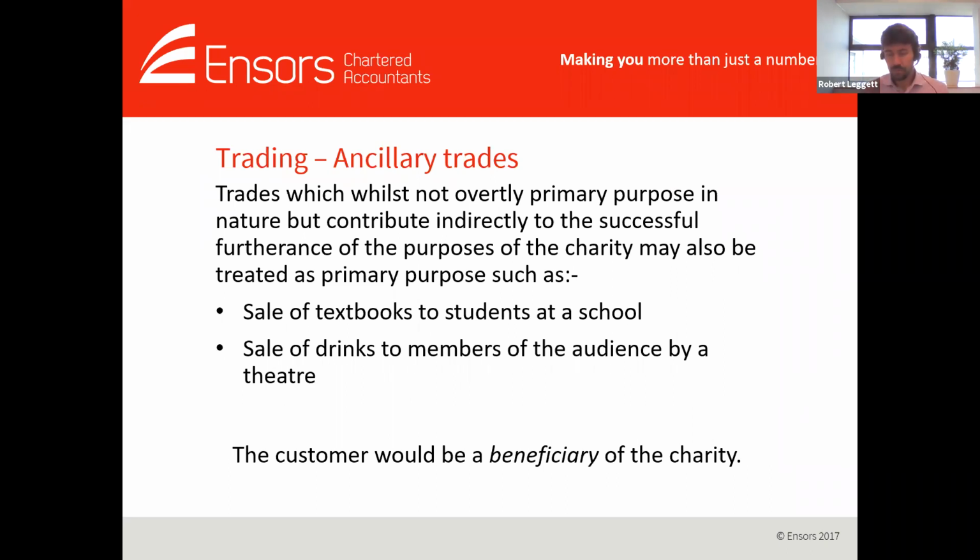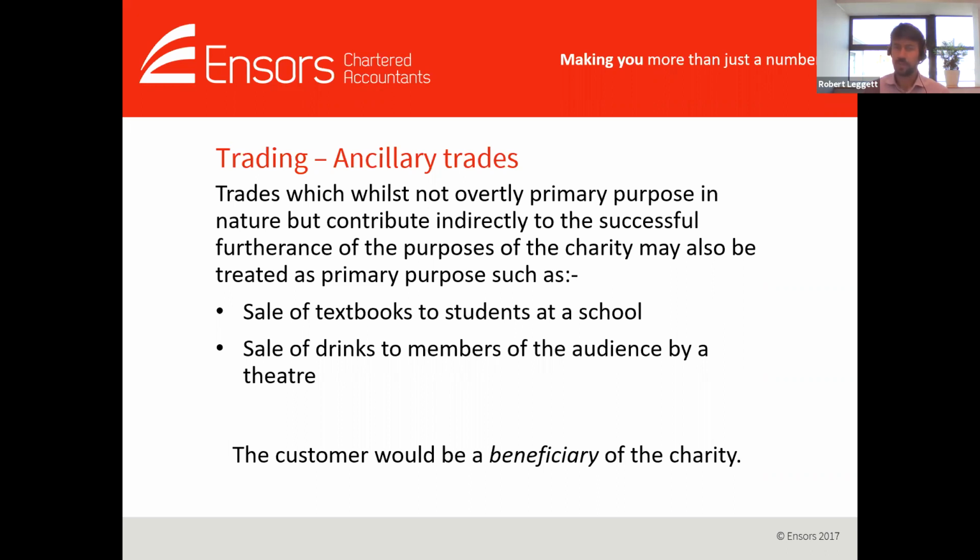Alongside that, we do have various ancillary trades. And perhaps these are trades where they're not overtly primary purpose in nature, but they do contribute indirectly to the purposes of the charity. So thinking back to our school example, providing education to the children is clearly primary purpose. Selling textbooks to the students, that's ancillary to the main trade.